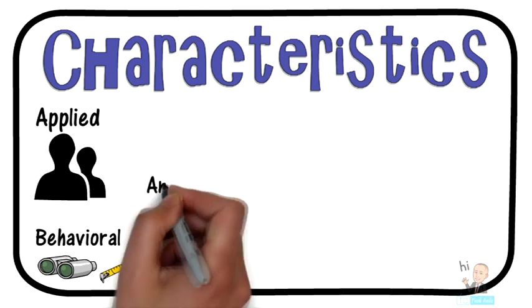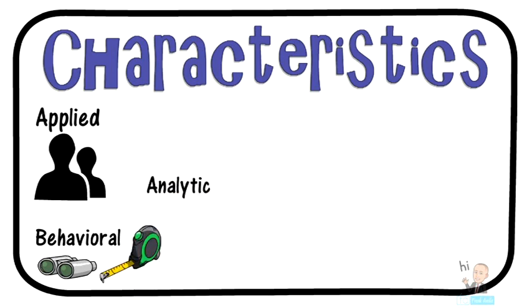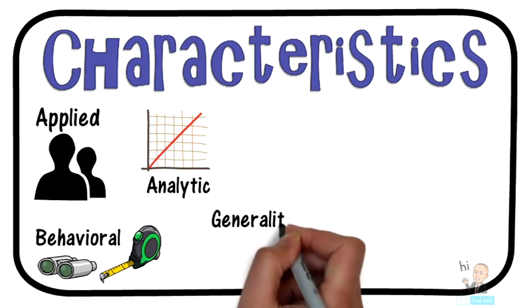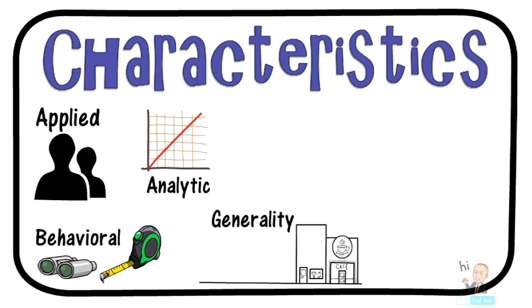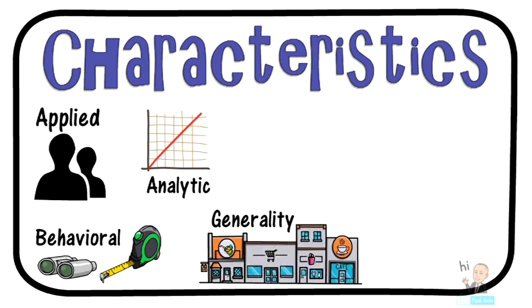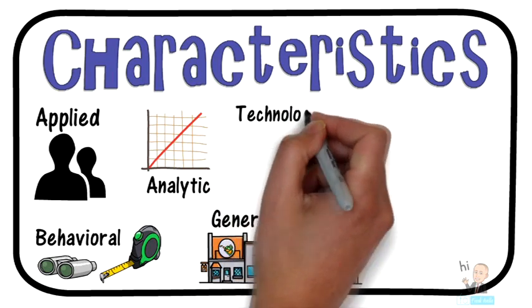Analytic, that is research, experimentation and making sense out of all the research. It should be plotted like a graph. Generality, the work should apply to different groups and different environments. It can be used on different people.